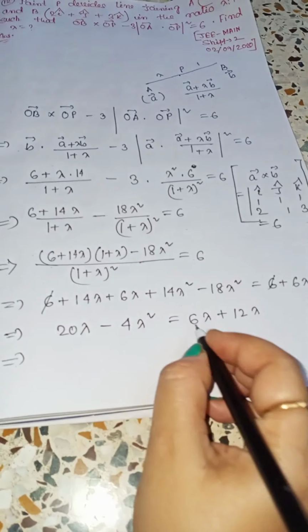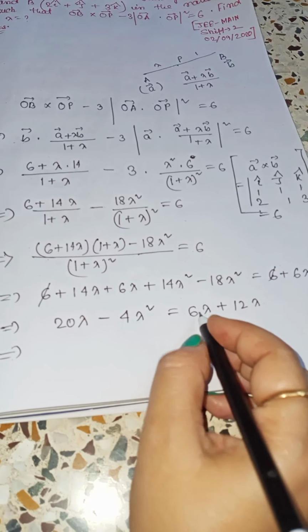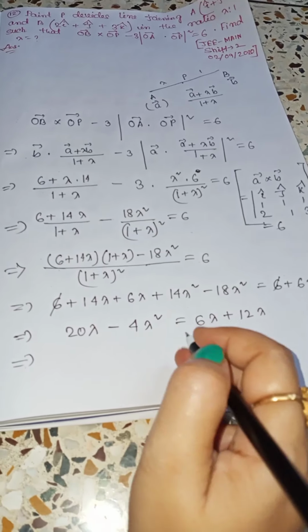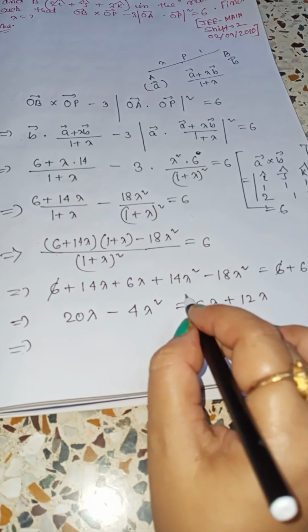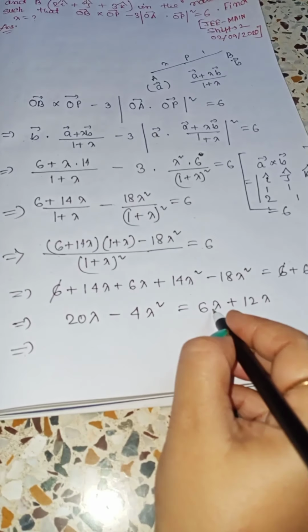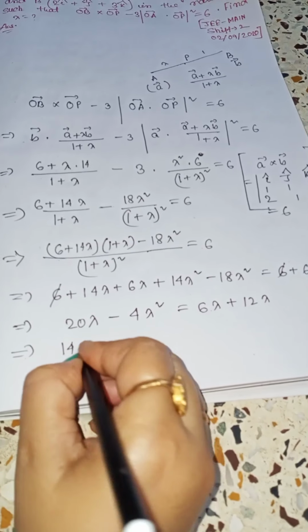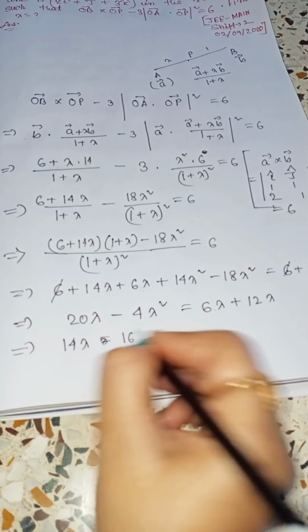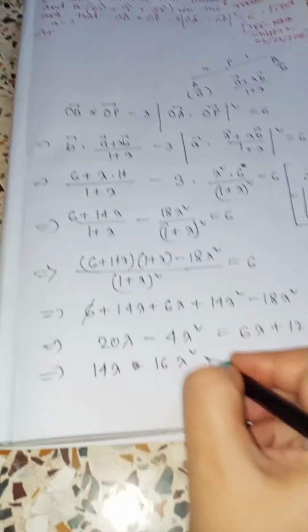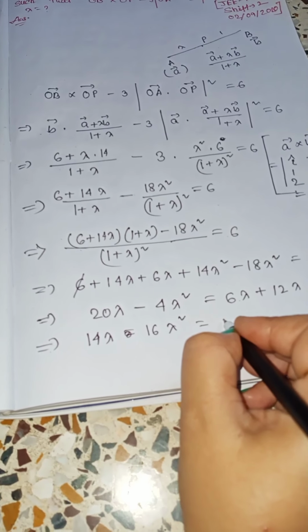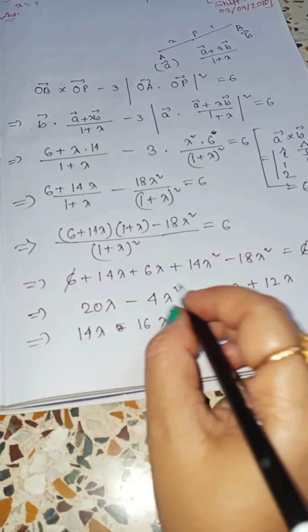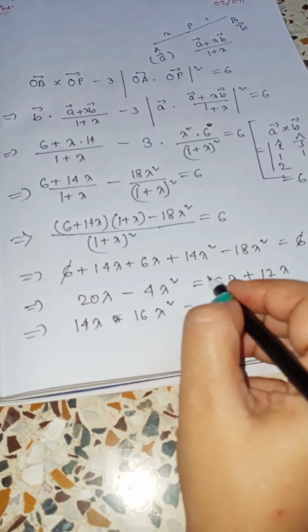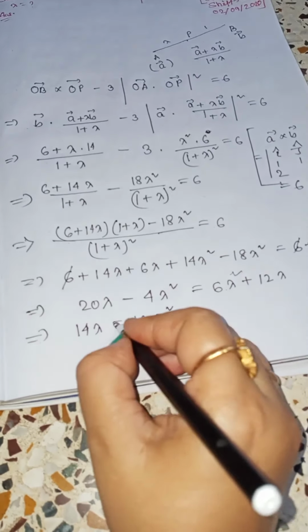And that implies, it becomes 20 lambda, and 6 lambda square, and 12 lambda.